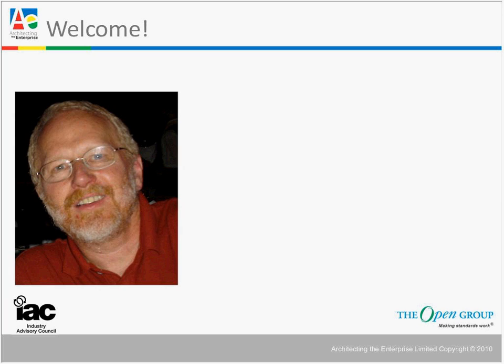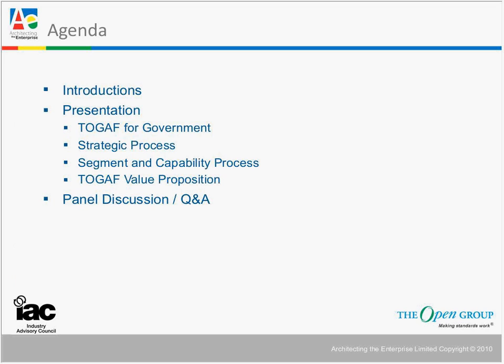Let's get moving with this webinar. So first of all, our agenda: we're going to have some introductions. I'll introduce the panel. Then I'll go into the presentation, talk about why TOGAF for government.